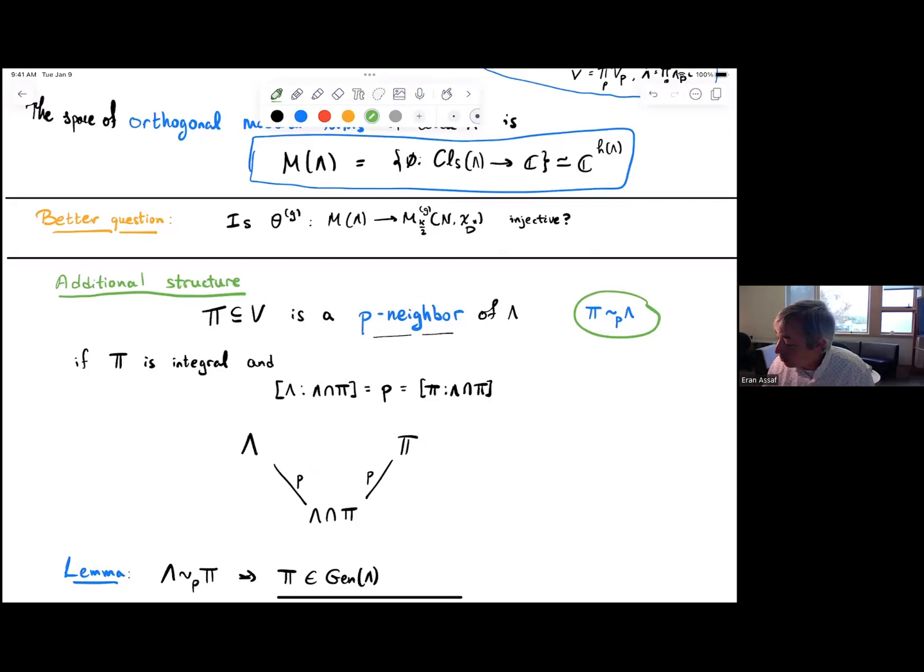So if we remember linear algebra and invariant factors, then it means that there's a basis for this lattice such that (1/p)e1, pe2, e3 to en is a basis for this second lattice.